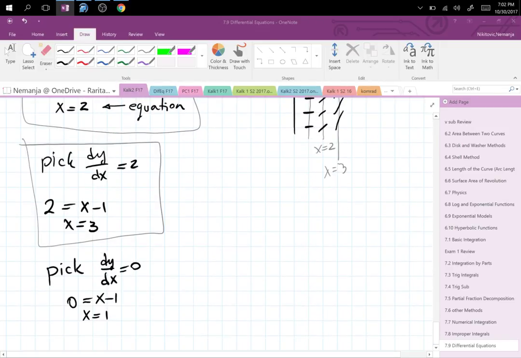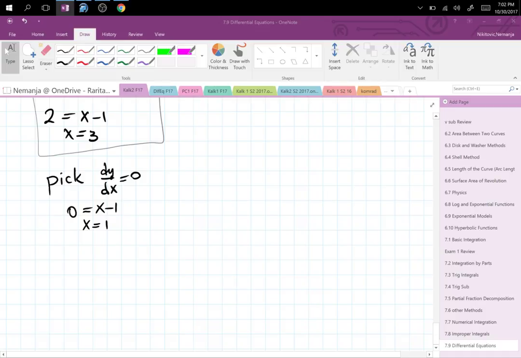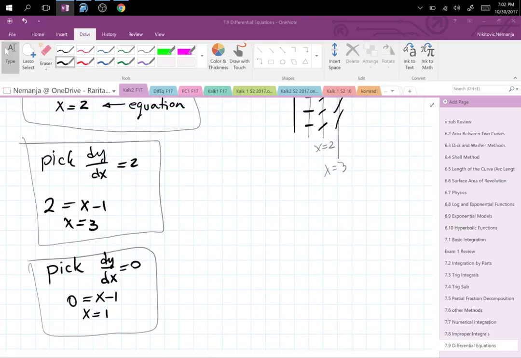Now I'm going to pick slope to be negative 1. Just like when you graph for the first time.